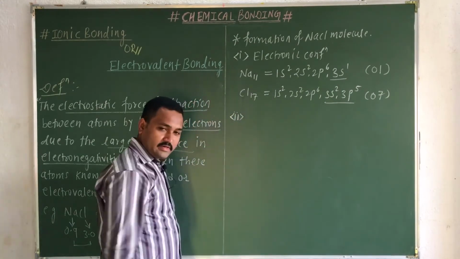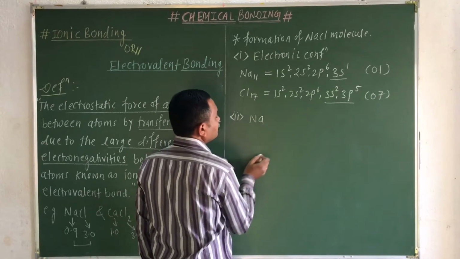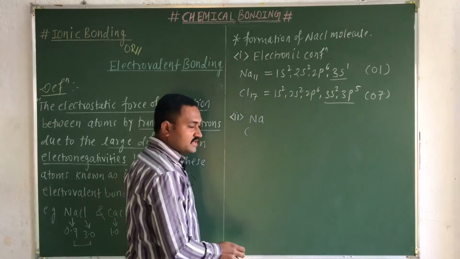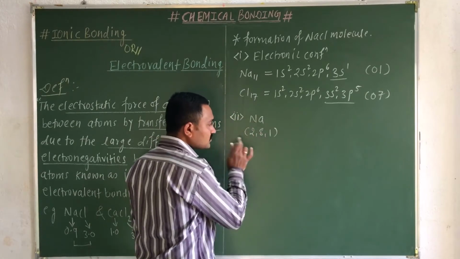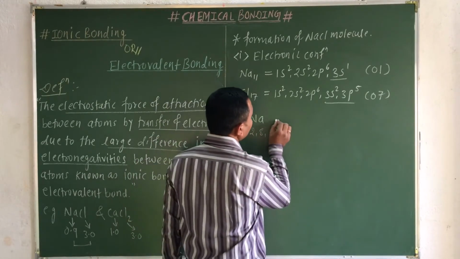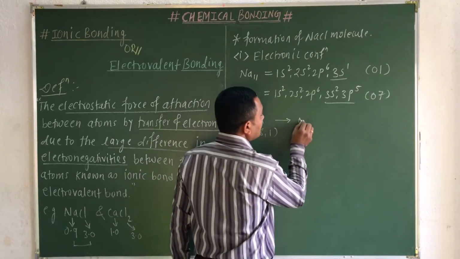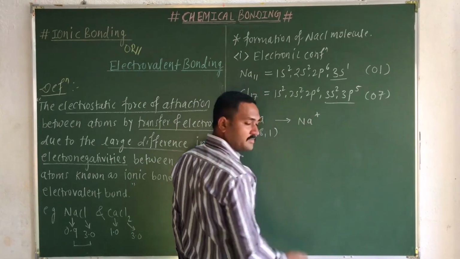Consider the second point. The sodium atom has the electronic configuration, I will write it as sodium 2, 8, 1. If it loses its 1 electron, it will convert into the Na+ ion.